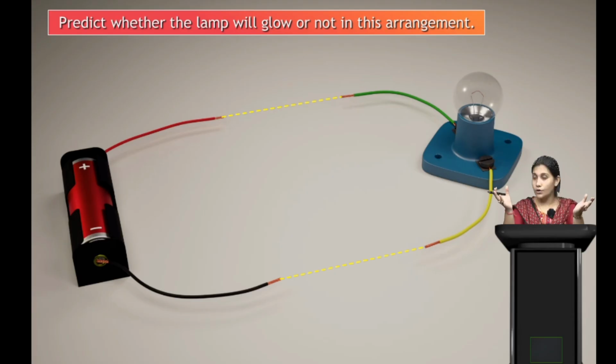Okay, how will we connect? See, to one wire of the electric cell we will connect one wire of the lamp. Similarly on the other side also, to the other wire of the electric cell we will connect the other wire of the lamp. So like this we will make an arrangement.